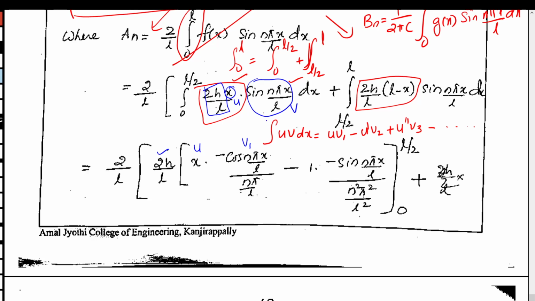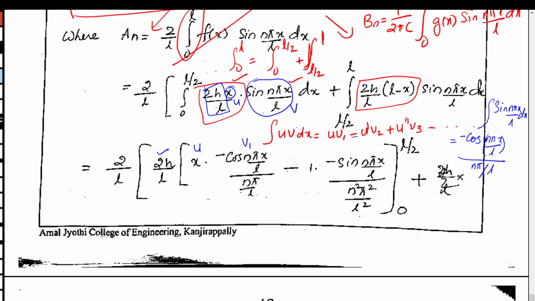V1 is integral of v, that is integral of sin n pi x by L dx. Integral of sin n pi x by L dx is minus cos n pi x by L divided by the derivative of n pi x by L, that is n pi by L. Therefore, V1 is minus cos n pi x by L divided by n pi by L.